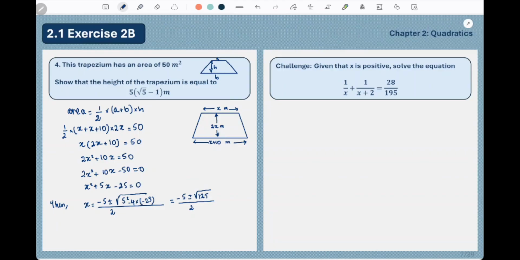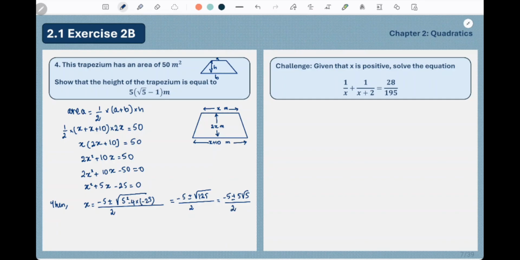Simplifying this one over here, it will give us minus 5 plus or minus 5 square root of 5. Why? Because 25 times 5 is 125, and then you take the 25 out, so it becomes 5 square root of 5.